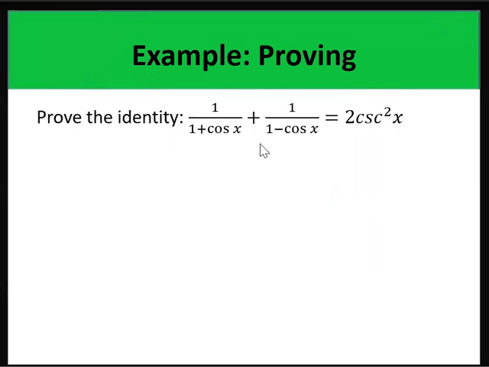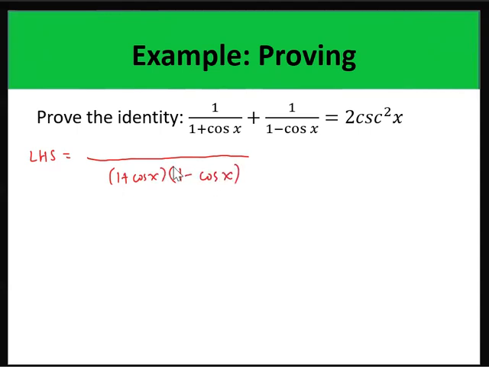Okay, next. This time, let's prove 1 over 1 plus cosine x plus 1 over 1 minus cosine x equals 2 times cosecant square x. Observe that in the left-hand side, there are two fractions, so let's combine them first. We get the LCD, which is 1 plus cosine x times 1 minus cosine x.